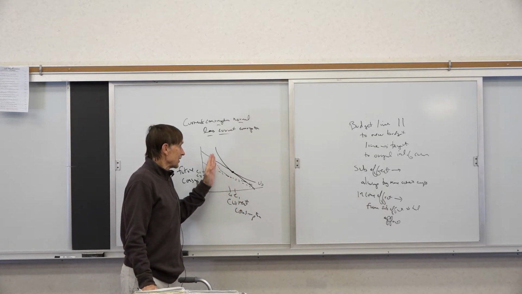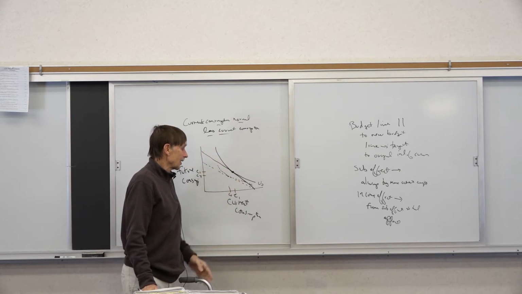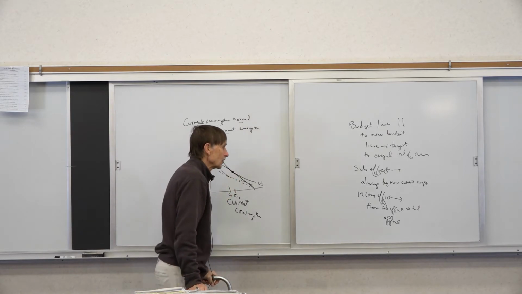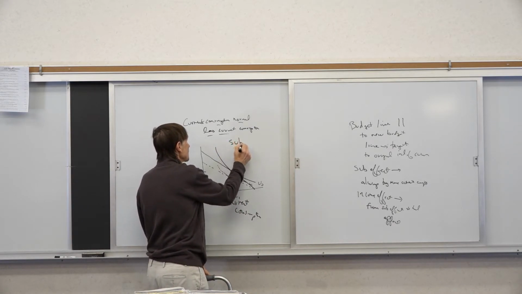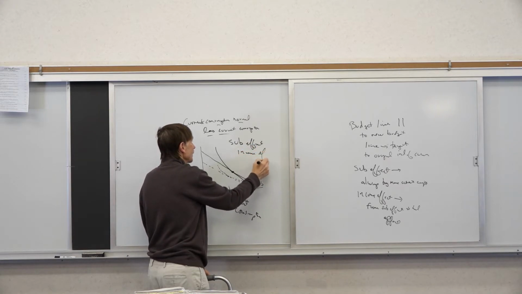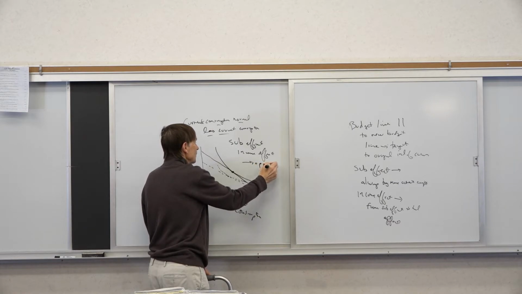So what does that mean? It means that the income effect and the substitution effect are going to move in opposite directions.